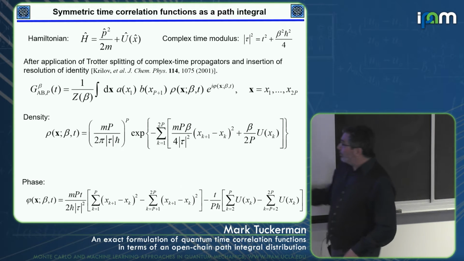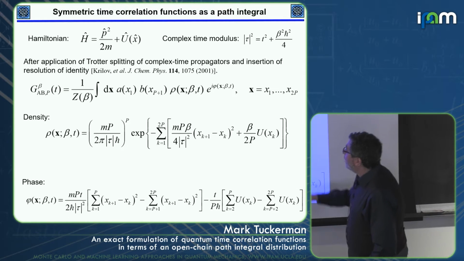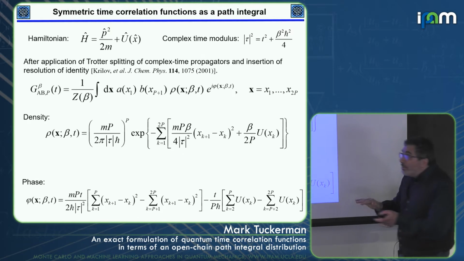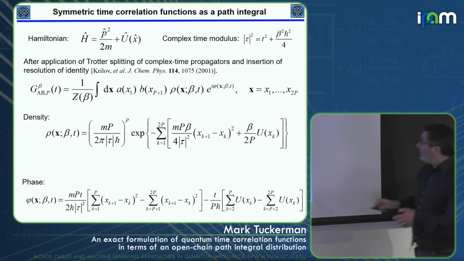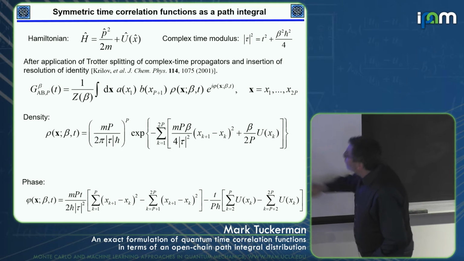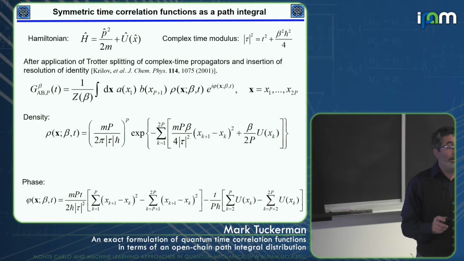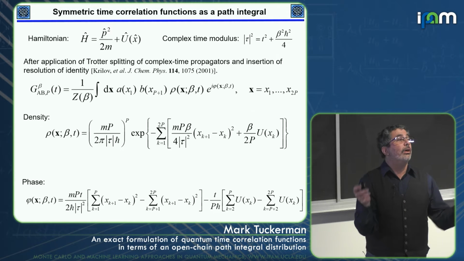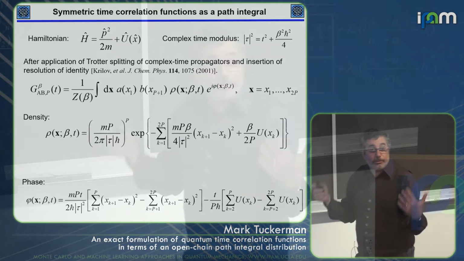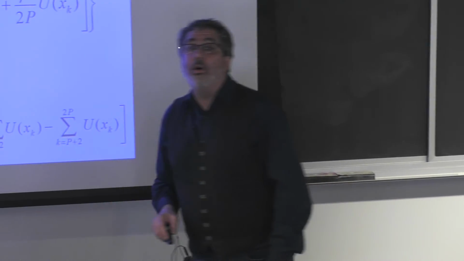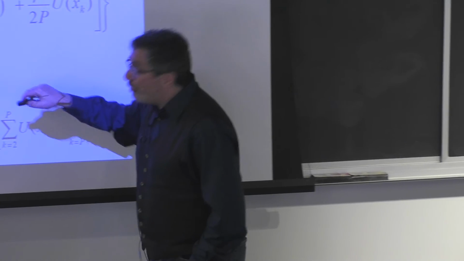And then you have a phase, which is actually the difference between the forward and the backward paths. All right? So this is the kinetic energy of the forward path that goes from 1 to P, then from P plus 1 to 2P, that's the backward path in complex time. And you evaluate the potential also along the forward and the backward paths. You take the difference. All right? So if your system is not very quantum, and the phase doesn't matter very much, you would expect these terms to be rather small, although each one individually can be quite big.